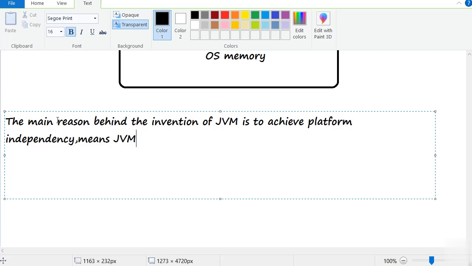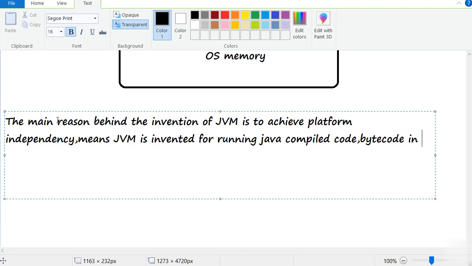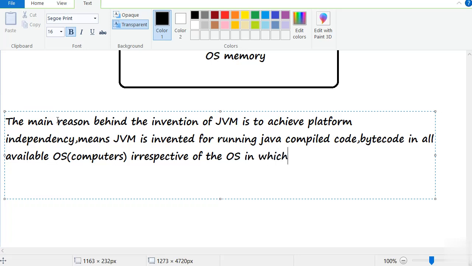Means JVM is invented for running Java compiled code, that is nothing but a bytecode, in all available operating systems or computers, irrespective of the operating system in which it is compiled.